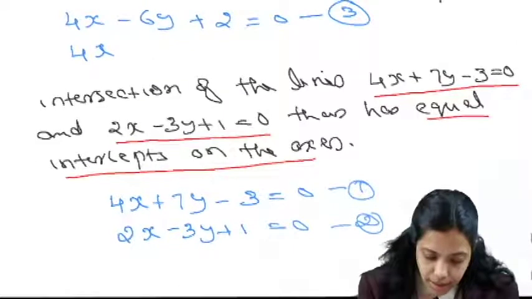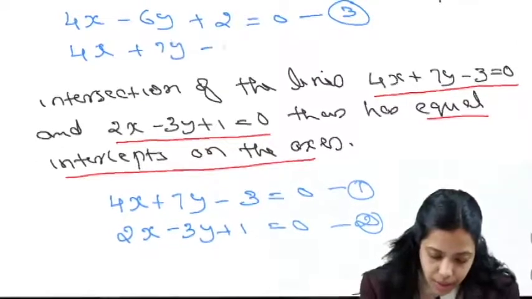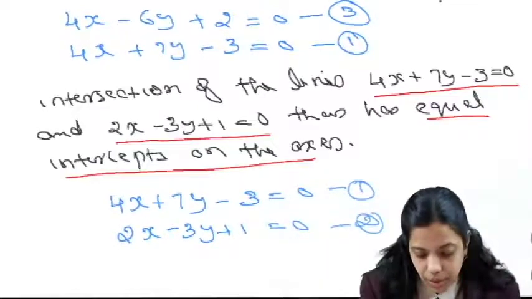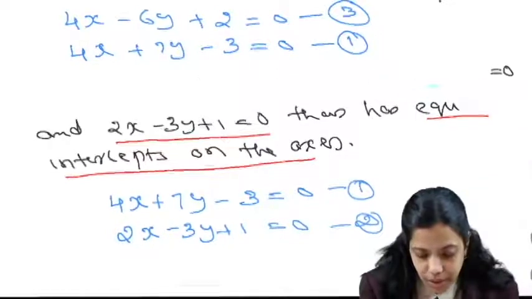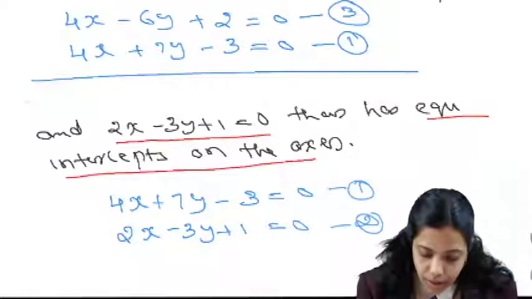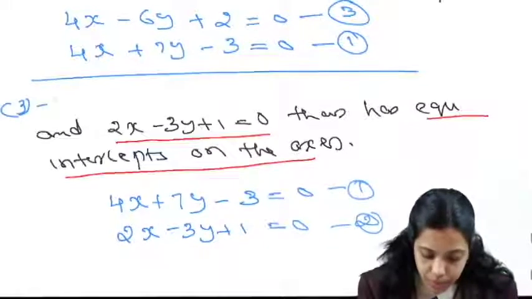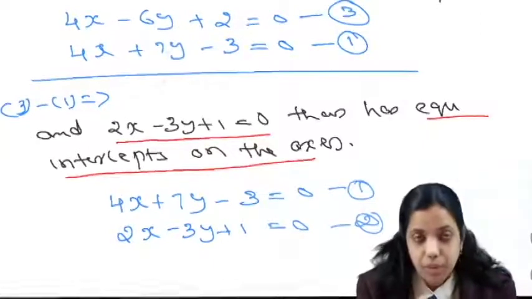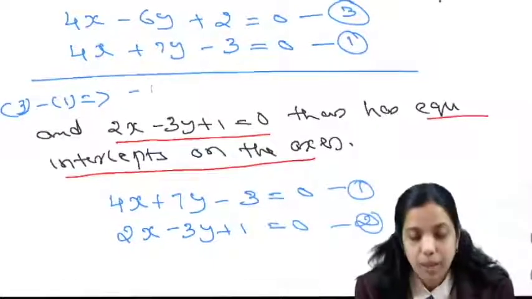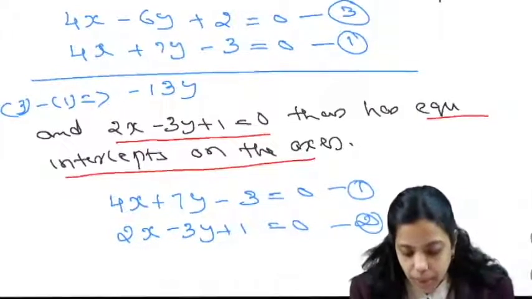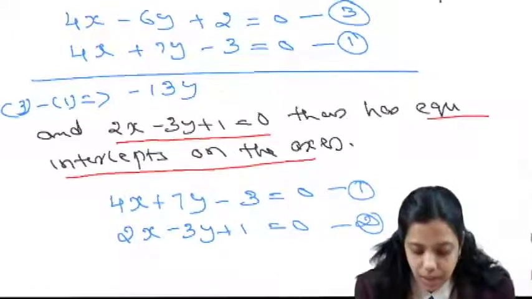And let us keep the first equation as itself, 4x + 7y - 3 = 0. Now we are going to solve these two equations. If I subtract equation 1 from equation 3, 4x minus 4x is 0, minus 6y minus 7y is minus 13y, plus 2 minus 3 is minus 1.